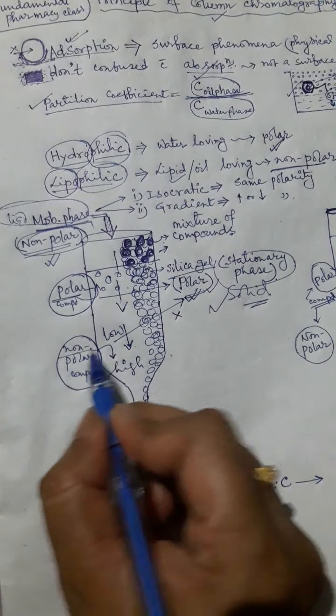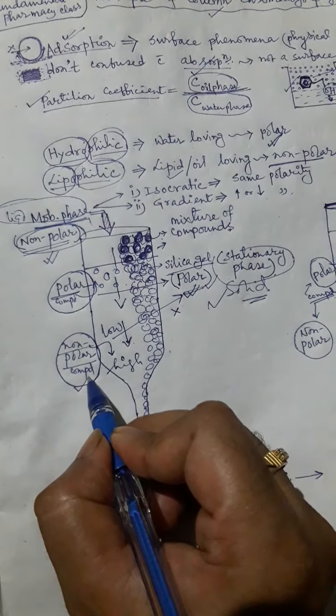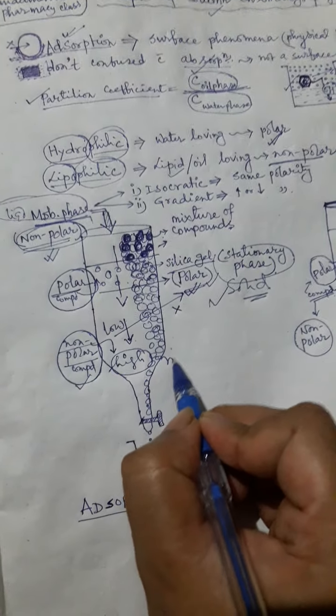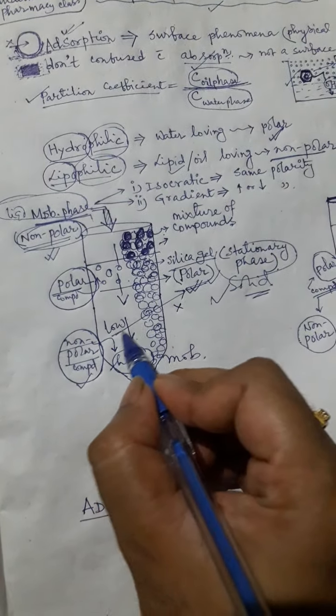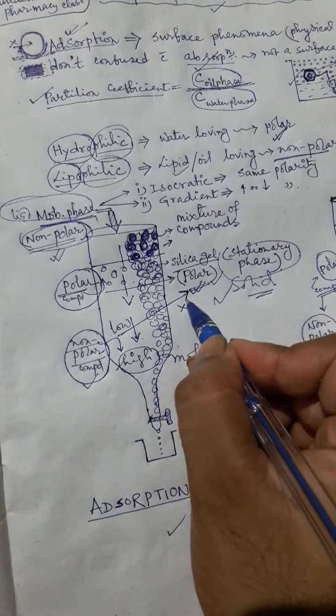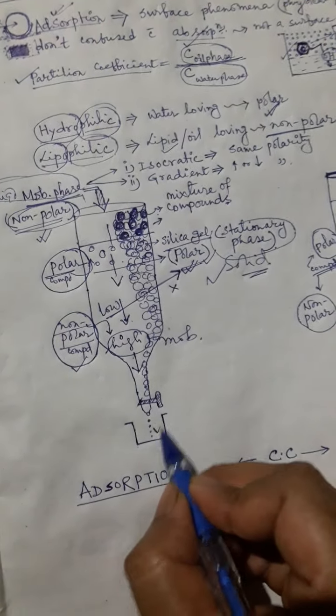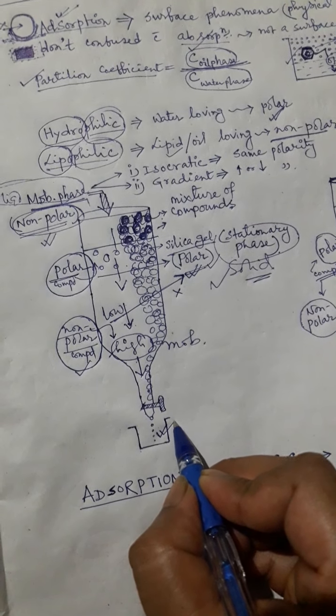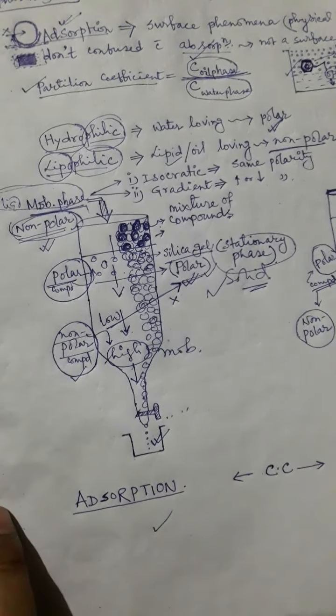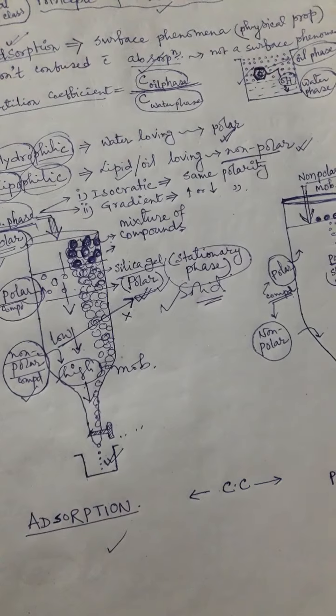So it will elute fast. So here you will get the non-polar compound first, then accordingly you will get increasing polarity.